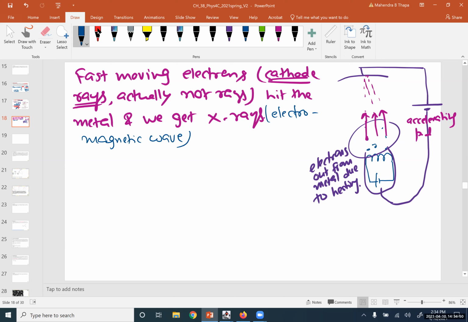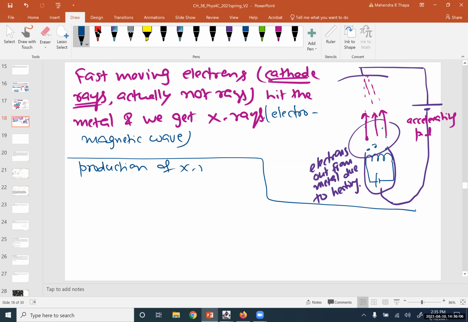So how the X-rays are produced can be explained in two ways. I'm just going to explain one of these. Okay, so this is the production of X-rays. Say we have an atom.